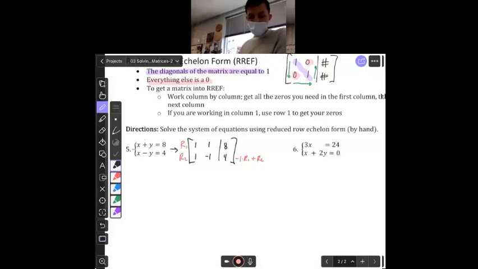So here's your open mind. We're not actually changing row 1. We're just using it, but we're not actually changing it. All we're trying to do is change row 2 because we want that to stay a 1. And if I actually multiplied it by negative 1, it would not be a 1 anymore. All I'm trying to do is change row 2.